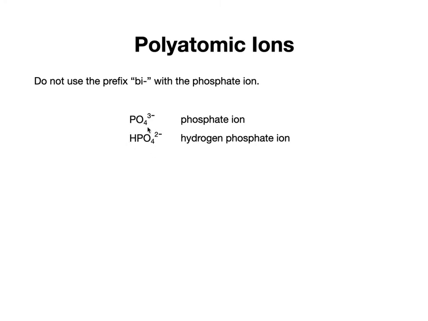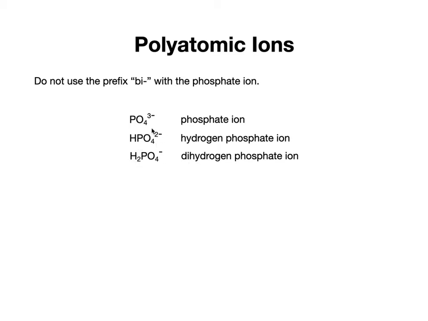And the reason for that is because we can add another hydrogen ion to this. If I add a hydrogen ion to it, I'm going to have another hydrogen and I increase the charge by 1. We call this the dihydrogen phosphate ion. What does di mean? Di means 2, right? Dihydrogen, we've got 2 hydrogens here.